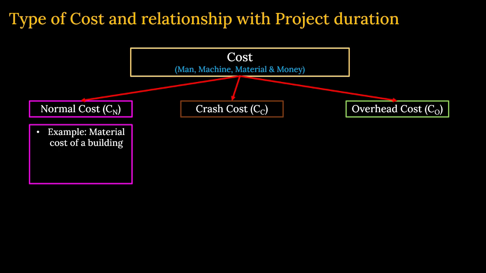So that means that cost will always be the normal cost, and that is independent of project duration. Whether you complete it in 2 months or 3 months, your material cost will remain the same in a normal situation. So that is a normal cost. It is independent of project duration.